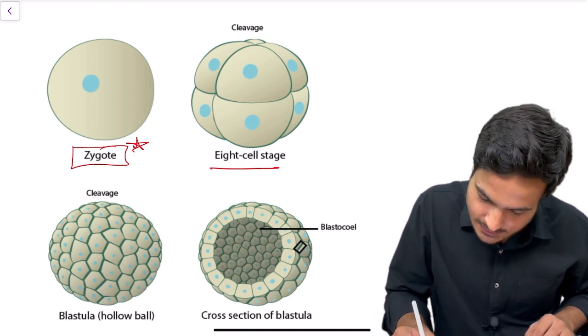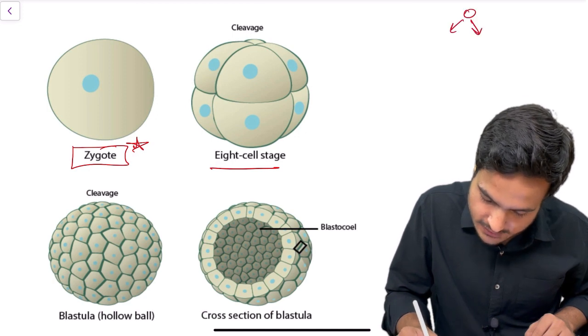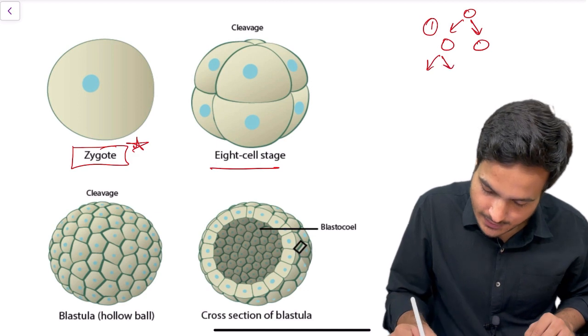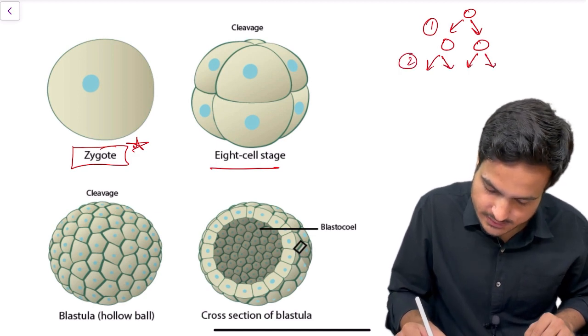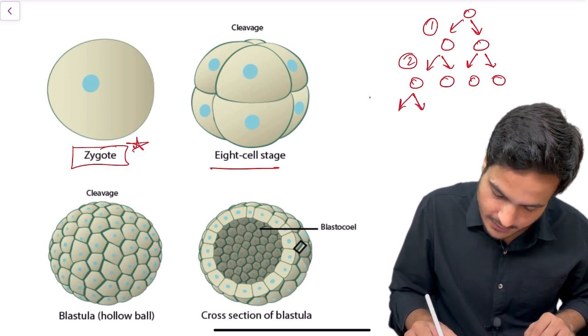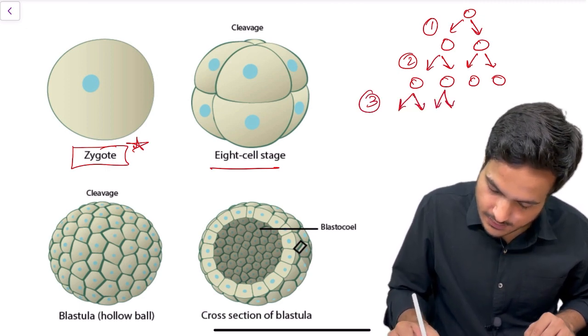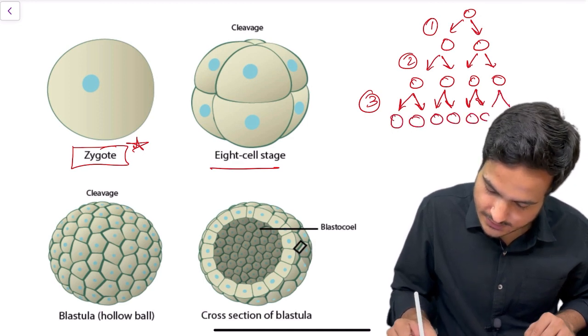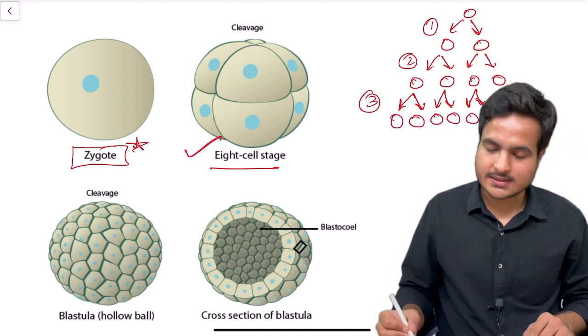What happens is the zygote will give rise to the first mitotic division resulting in 2 cells. Then it will divide again in the second mitotic division resulting in a 4-cell stage. Then we'll have a third mitotic division which will yield an 8-cell structure, which we are seeing in this diagram. This is the 8-cell stage.